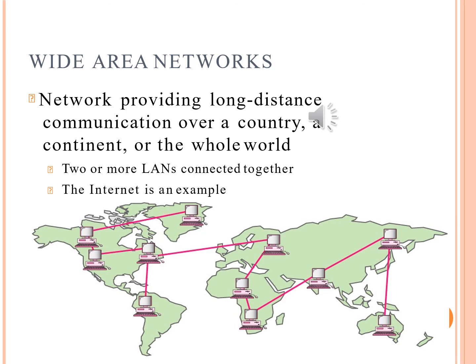As we are accessing the internet, it is because we have a wide area network available. It means we are able to connect systems up to the continent, and that is quite possible with the help of the wide area network.